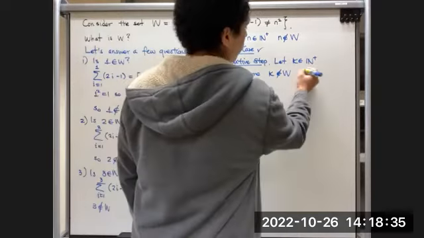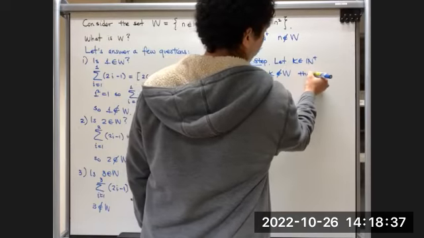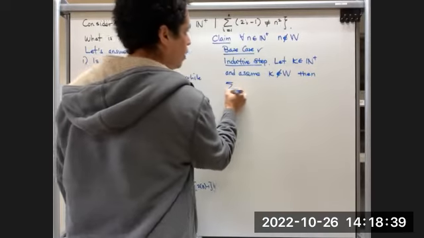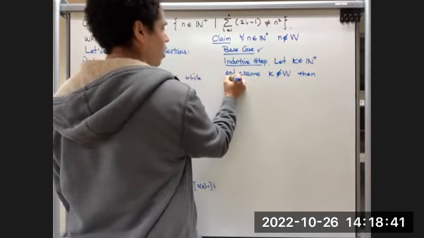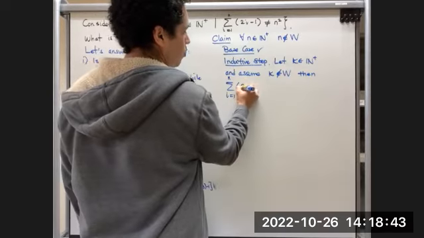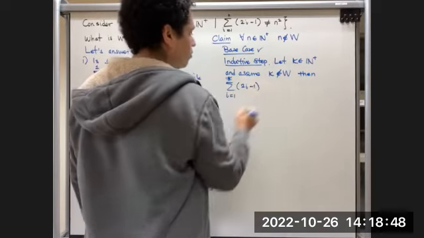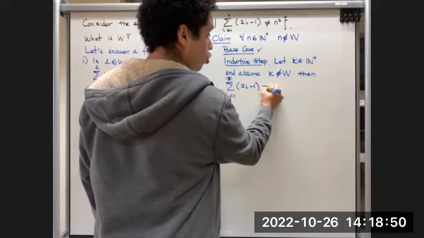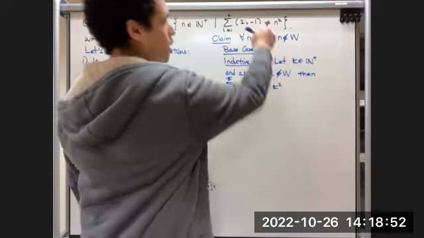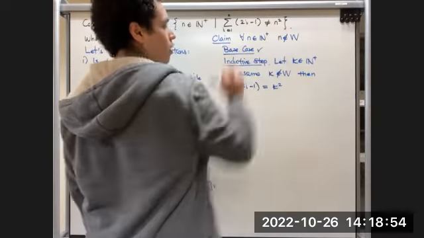But what does this mean? Well, this means that the sum ranging from 1 up to k of 2i minus 1 is actually equal to k squared. I'm just negating the expression that I have here.